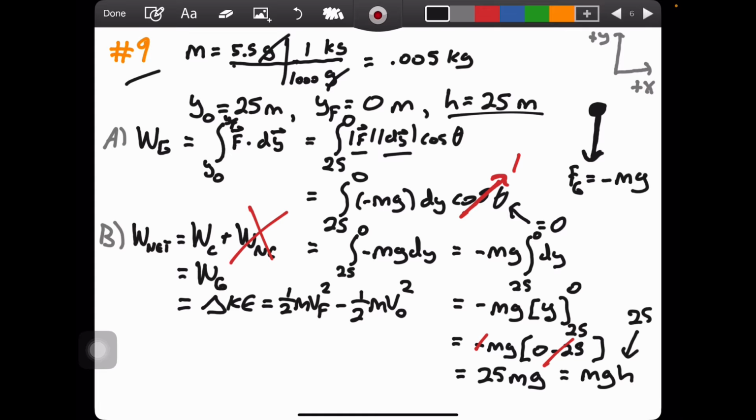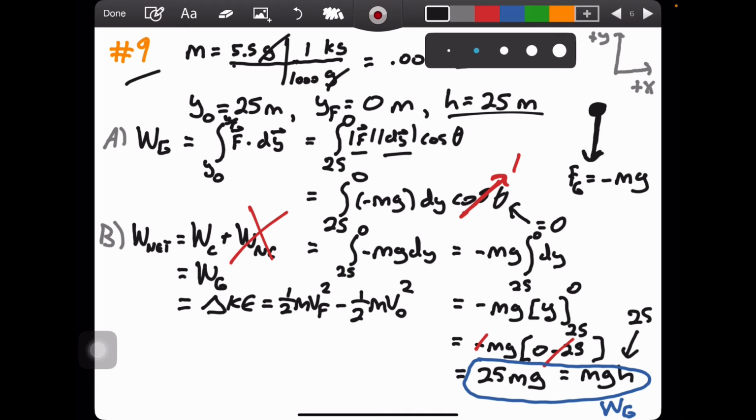Now remember, we already solved, and I'm going to circle it, we already solved for the work done by gravity. This is W_G, 25 mg.